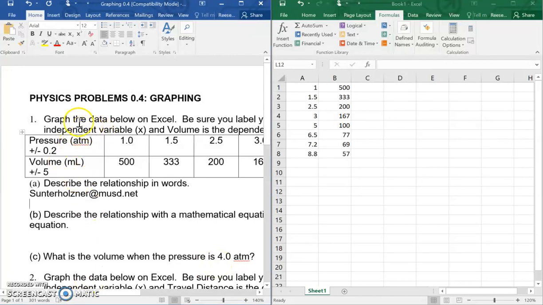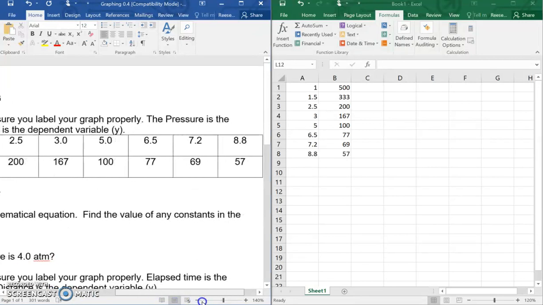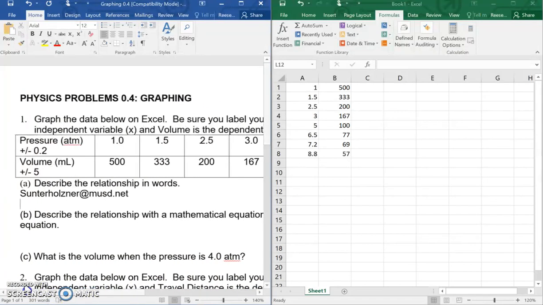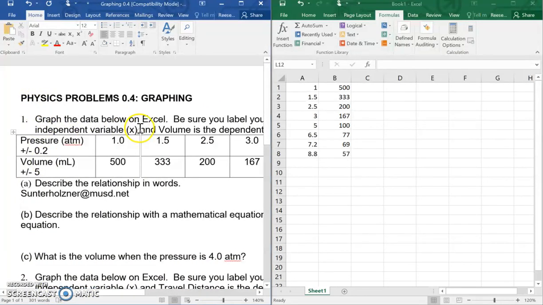So the first problem involved you graphing pressure and volume. The pressure is the independent variable x. So all these pressure values, 1, 1.5, in atmospheres, so this is 2.5 of Earth's atmospheres, right?